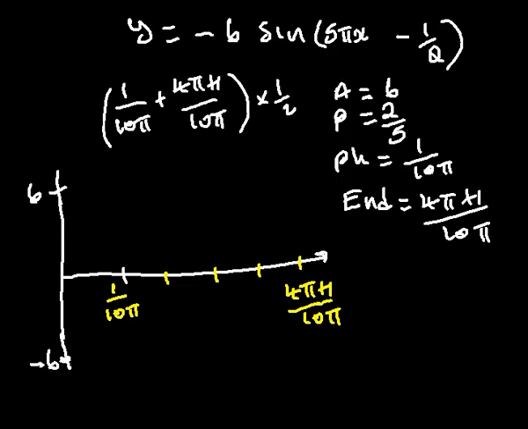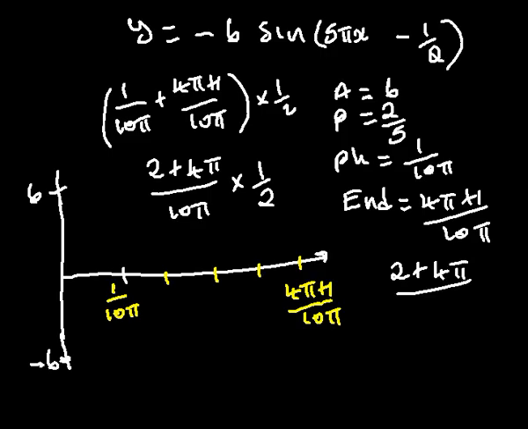If we combine the two fractions, I'll have 2 plus 4 pi, divided by 10 pi, times half, which corresponds to 2 plus 4 pi divided by 20 pi.